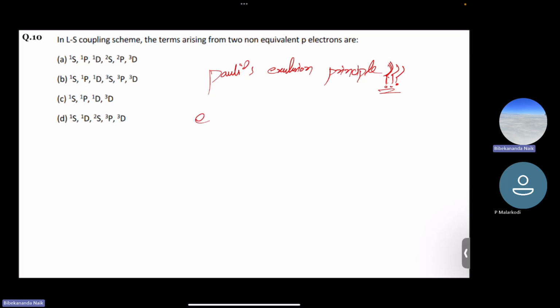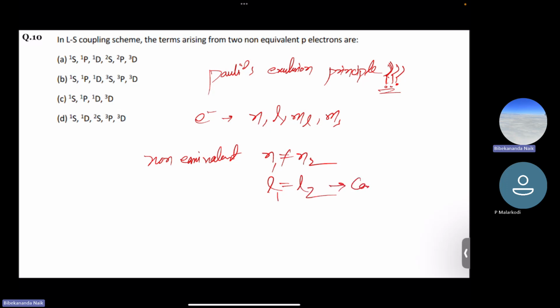So for an electron, quantum numbers are n, l, ml, and ms. So in the non-equivalent case, n1 is not equal to n2, so l1 can be equal to l2.